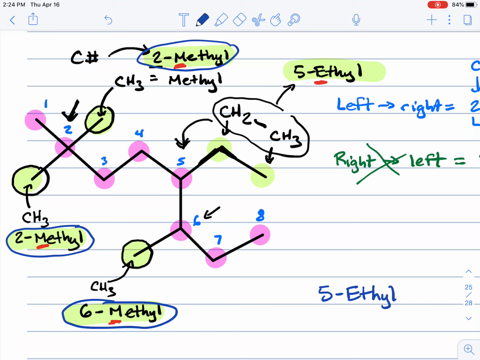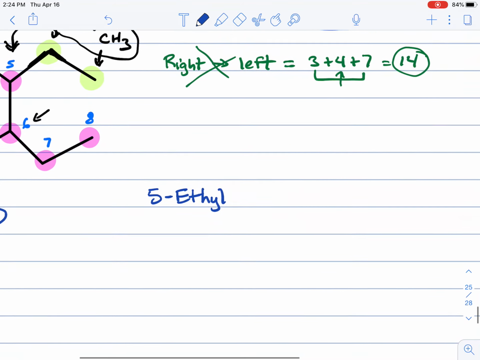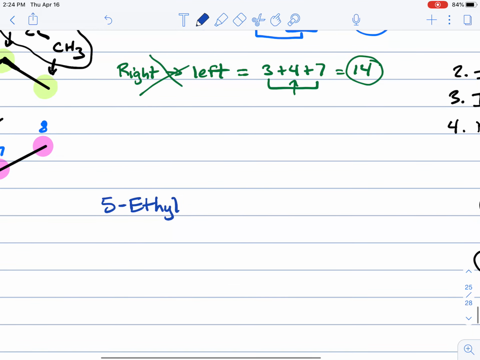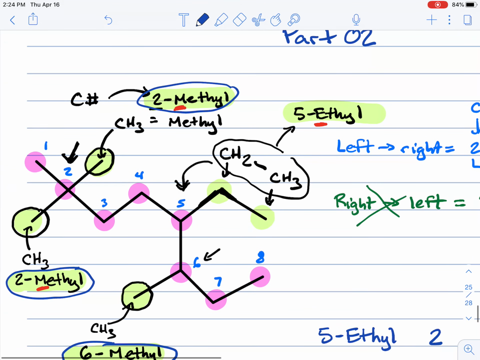And we're going to make sure that the numbers are represented correctly. Okay. And so to do this, we're going to combine them as 2. So we have the 2-methyl right here.